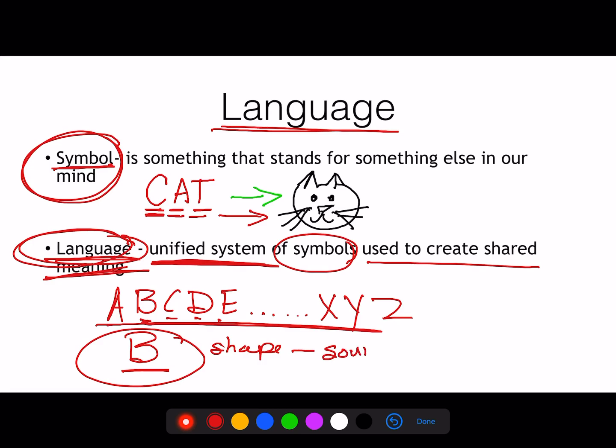We have to agree on what they look like, which would be their shape, but also we have to agree on how they sound. But English is tricky because depending upon where these consonants and vowels sit in a word, they could be used or not. They could be silent and actually they could change. For example, if we have C-A-T, A is cat, but if we put a vowel on the end, this ends up being Kate.